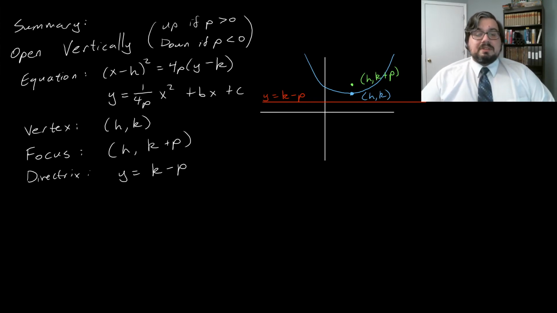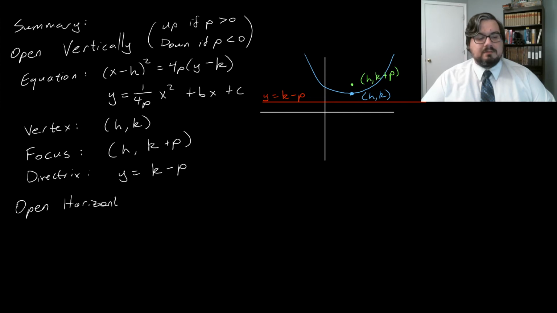Now, a similar thing happens for parabolas that open horizontally, but you pretty much just switch the roles of the x's and y's. So for ones that open horizontally, going to the right if p is greater than 0, to the left if p is less than 0, we have the following forms of the equation.